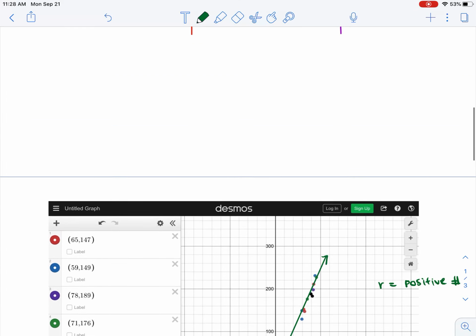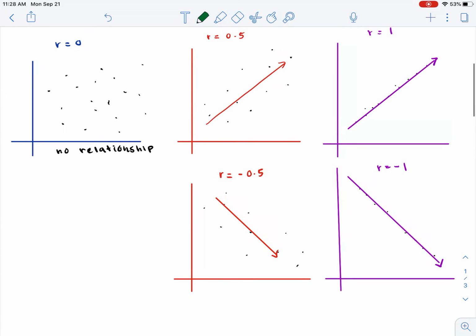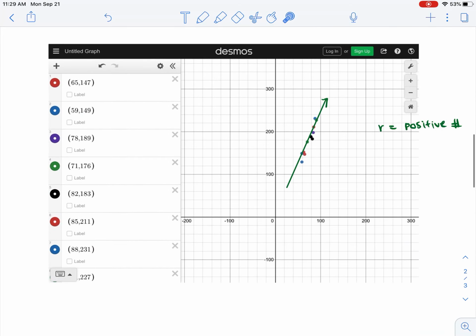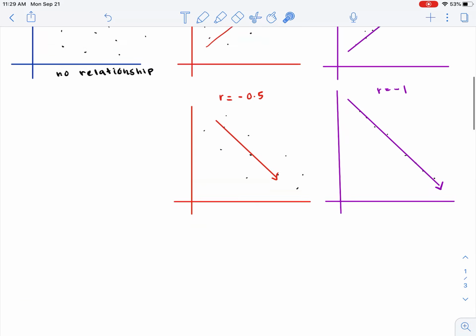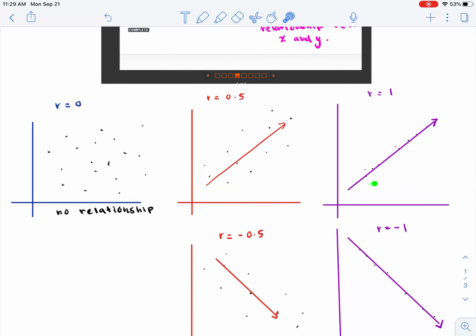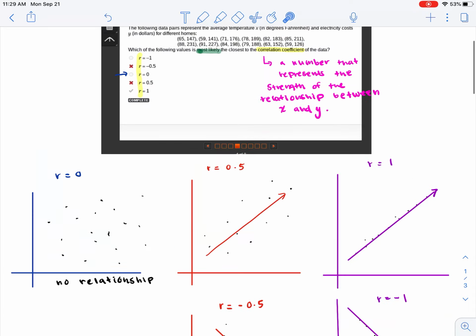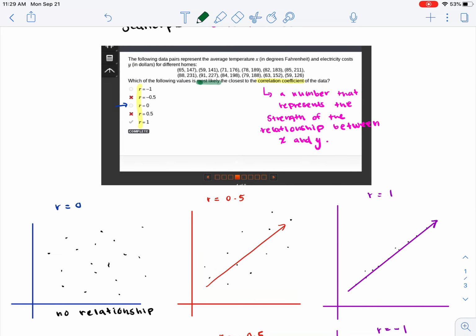And you'll notice, oh look, it looks really close to a straight line. It doesn't look very scattered. It's not all over the place. We definitely see a relationship, and it's very close to a straight line. So because it's very close to a straight line and it's increasing, our correlation coefficient will be 1.